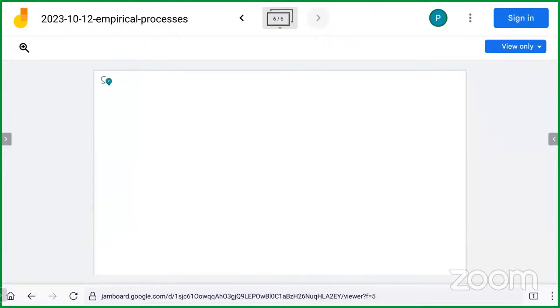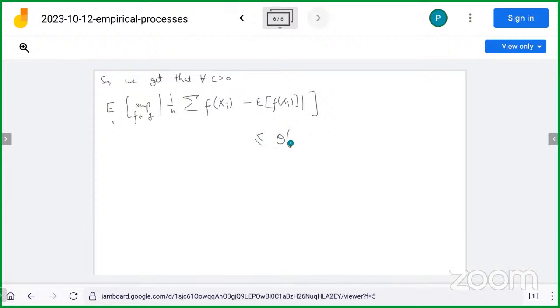We get that for every epsilon positive, E sup over f of 1 over n summation f(xi) minus E f(xi) is less than theta 1 times something plus epsilon.